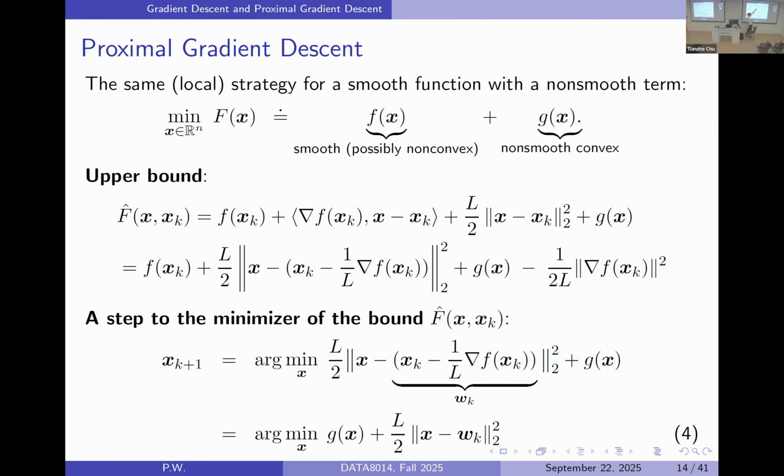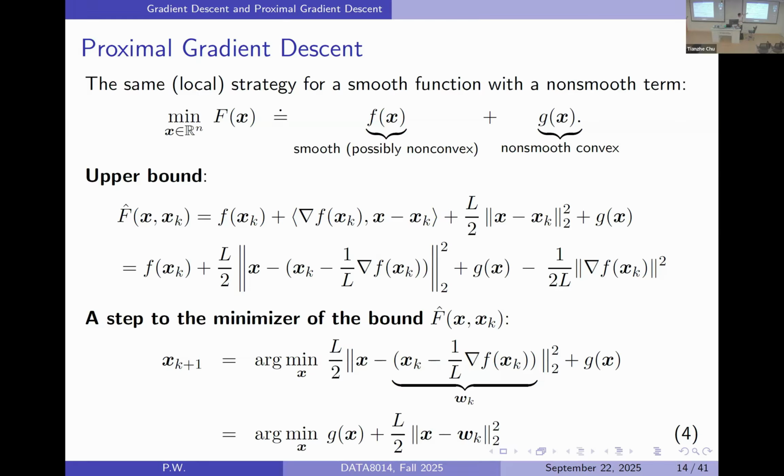This f could be non-convex, but it's smooth, and that g(x) is non-smooth, but it's convex. Then similarly, we assume that f has Lipschitz continuous gradient. We can first construct a quadratic upper bound for this f(x) at some iterate x_k, where k denotes the k-th iterate, and add that non-smooth term.